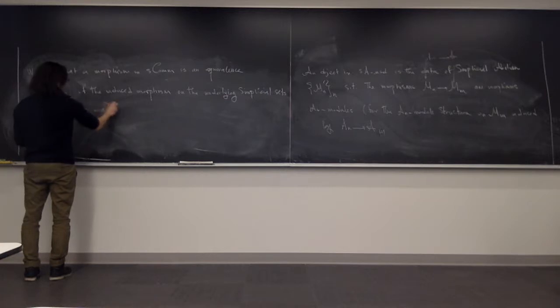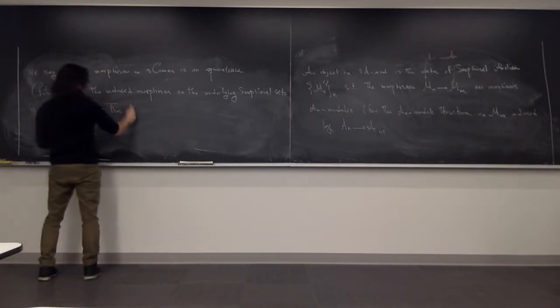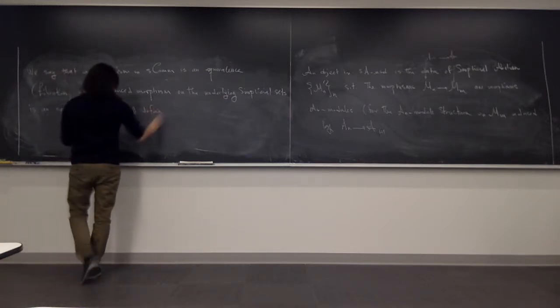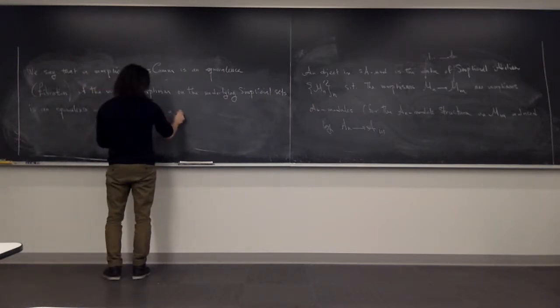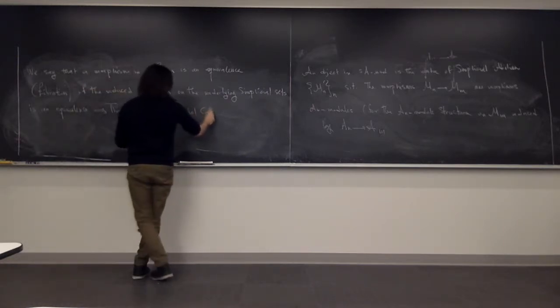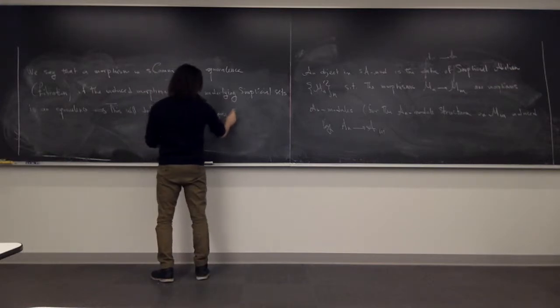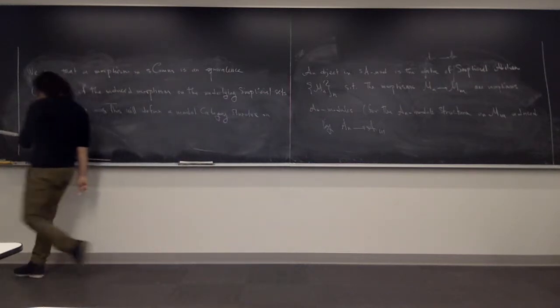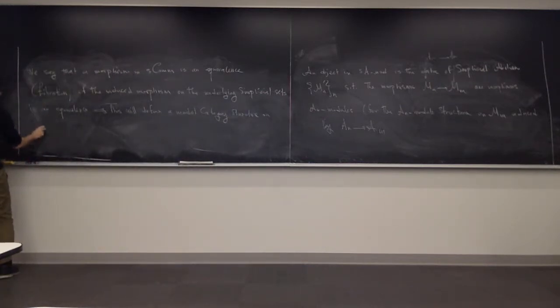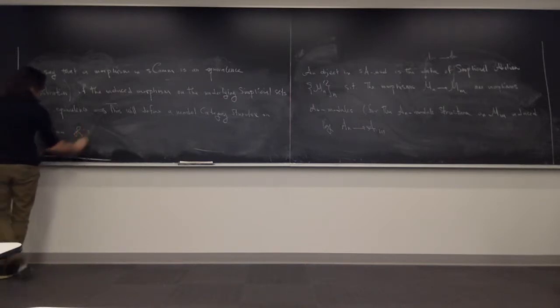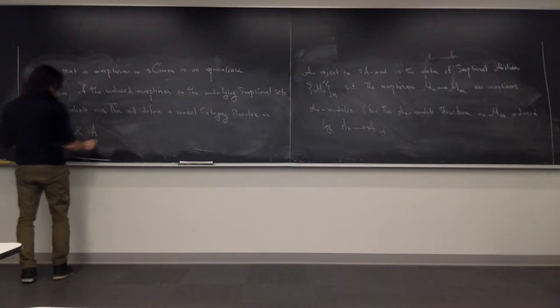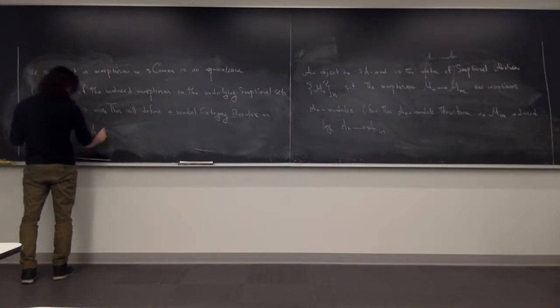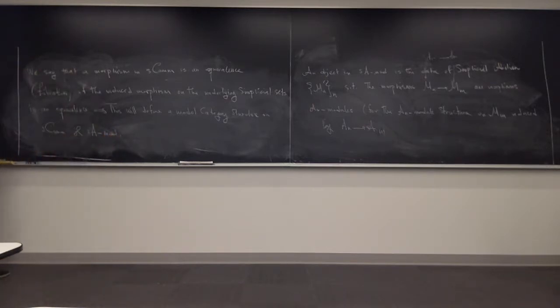This is equivalent to saying that this will define a model category structure on this category of simplicial commutative rings and the simplicial modules over a simplicial commutative algebra.